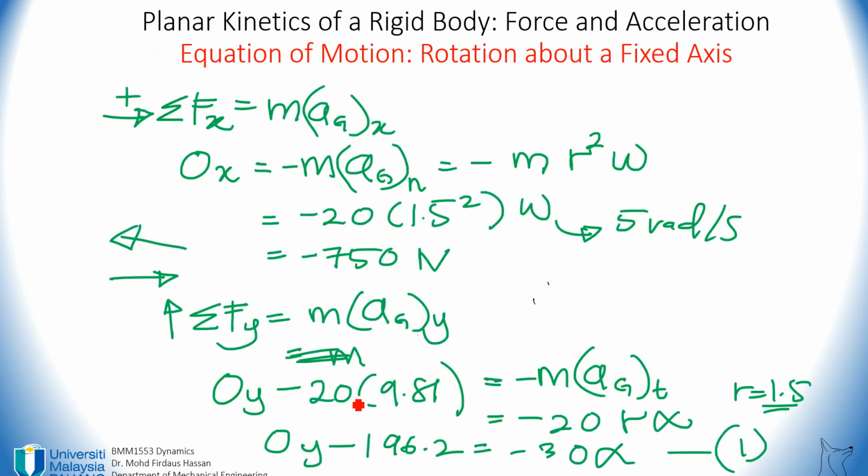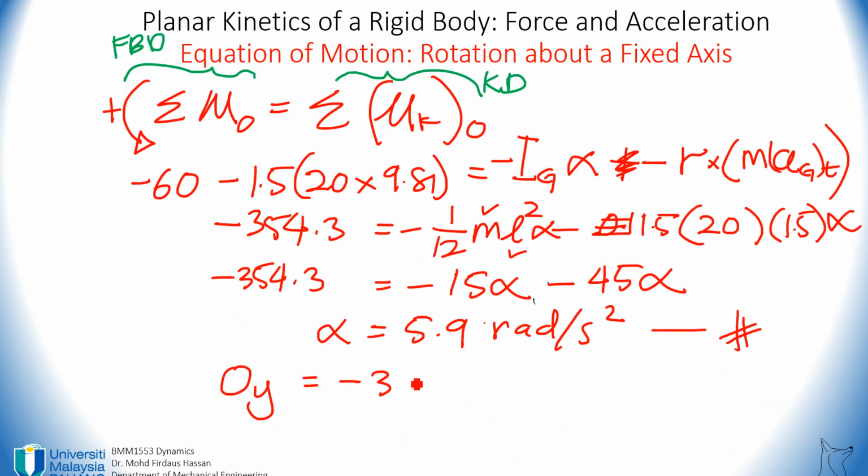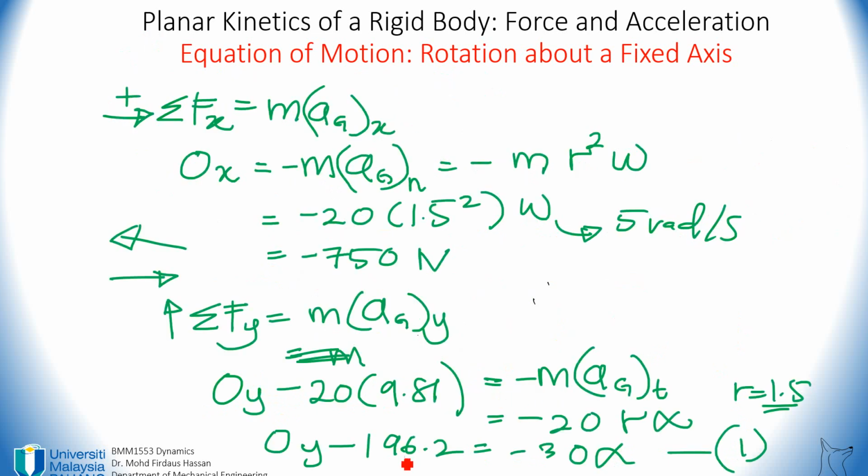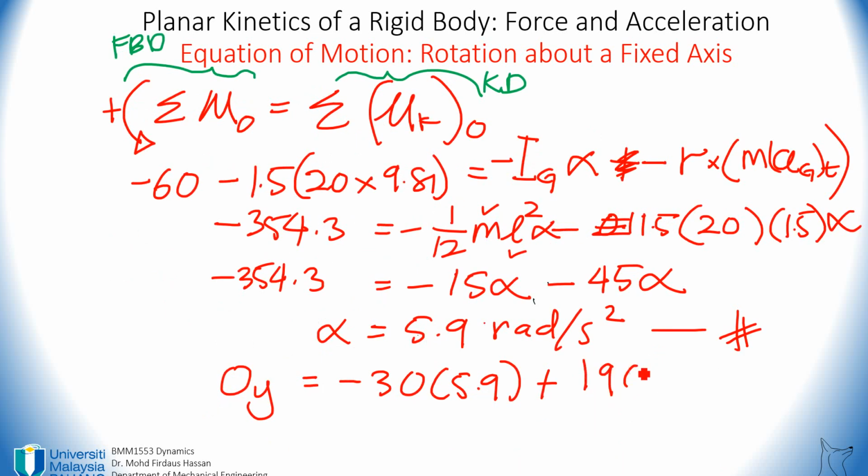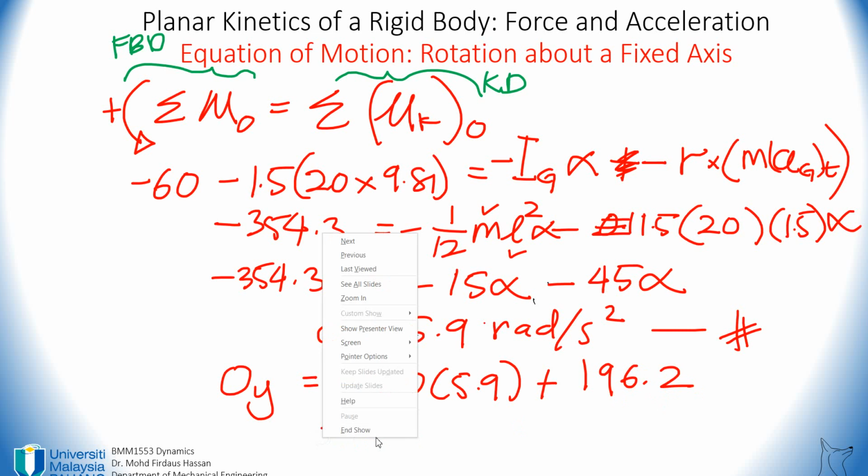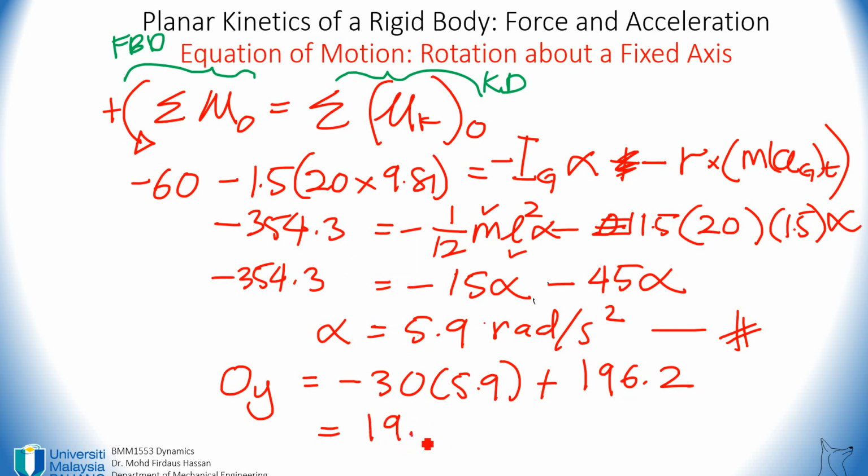OY is equal to negative 30 times 5.9 plus 196.2, and then you get OY as 19.05 Newton, positive. So it goes upward.